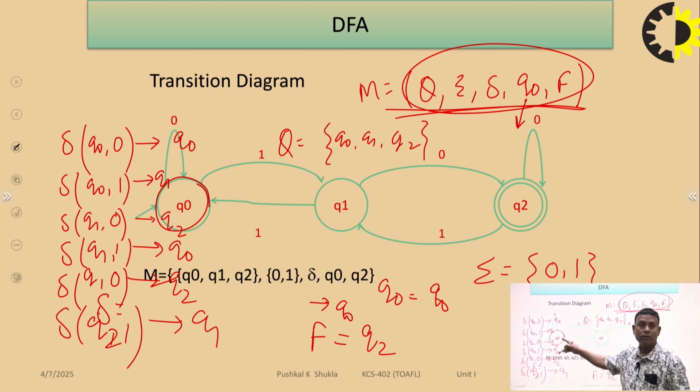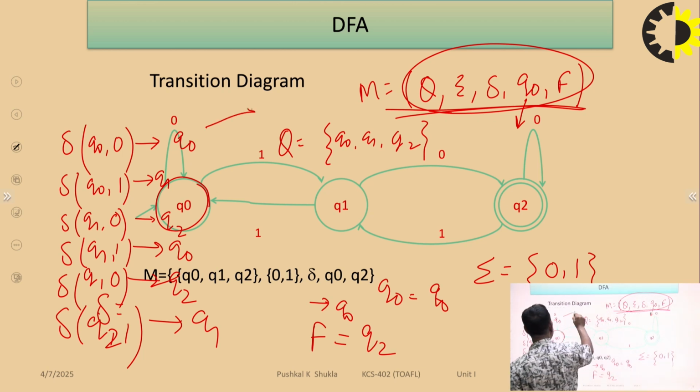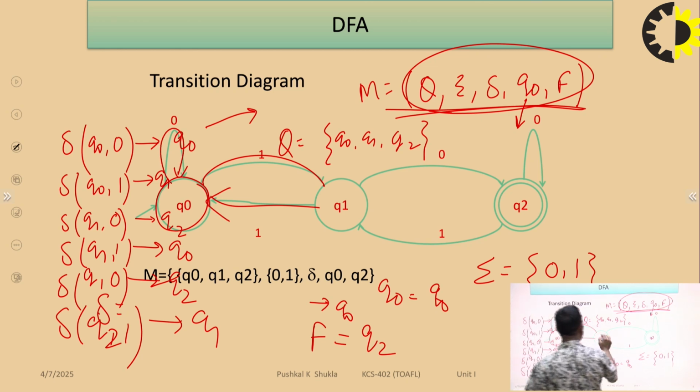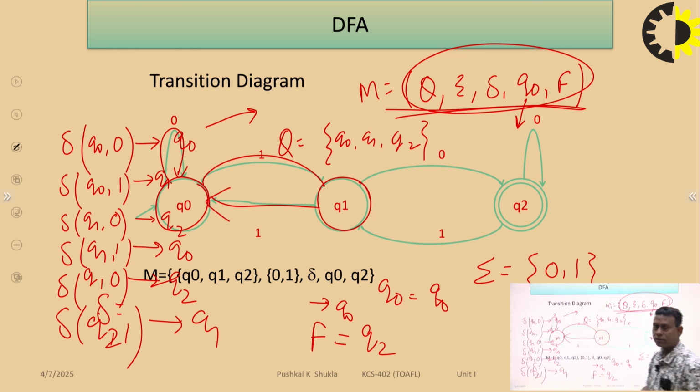Simple states are represented by a single circle, and the initial state is marked by an arrow. This is a transition, then these are the intermediate states, and this is the final state. If double circles are there, then it is said to be a final state.